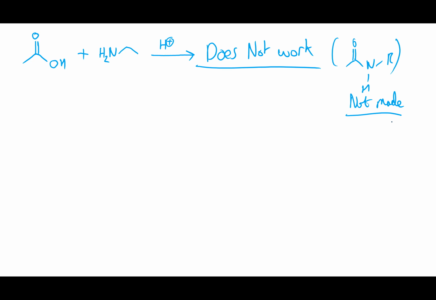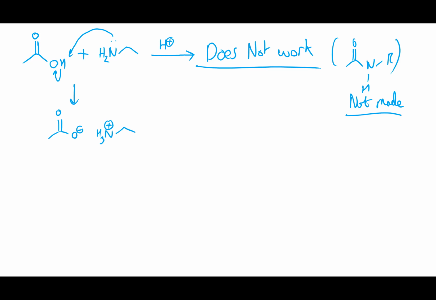The fastest reactions out there are acid-base reactions. So you're going to make a salt. You're going to make a carboxylate salt of the ammonium.